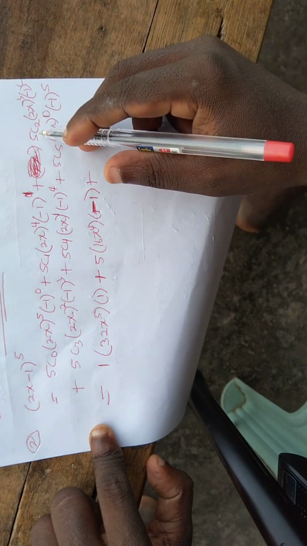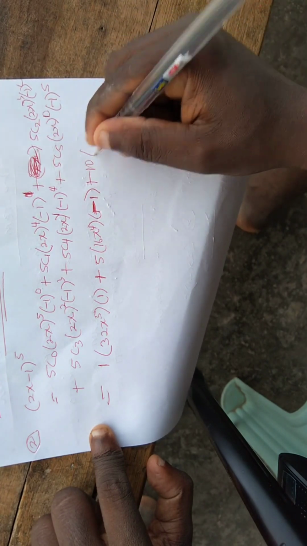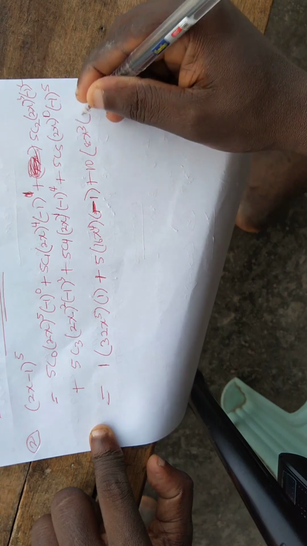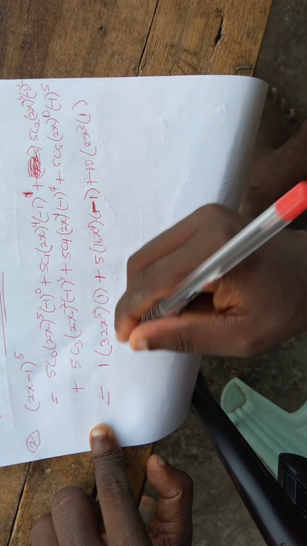Plus 5 combination 2 will give 10, 8x cubed, times minus 1 squared.